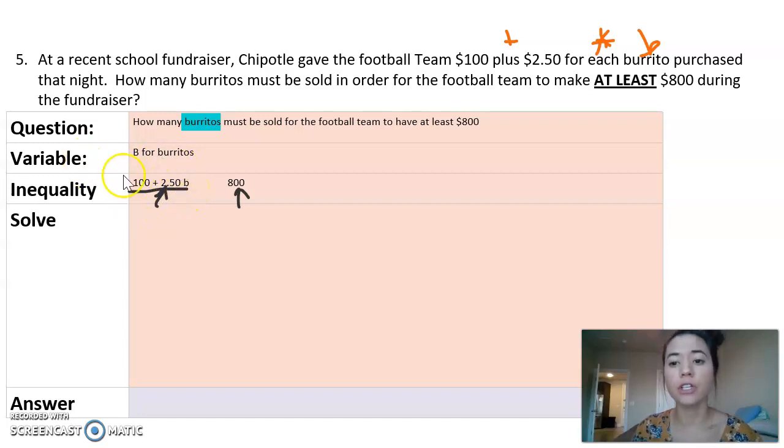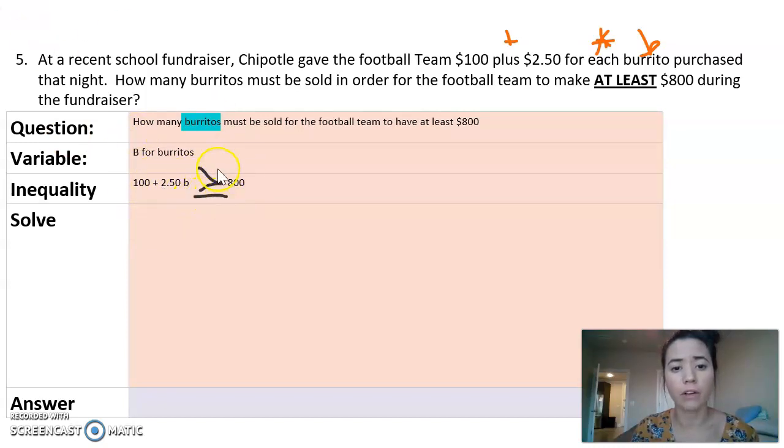What they're actually doing needs to be greater than or equal to 800 because they want at least $800. That's where the or equal to comes in. But they'd rather make more money. I mean, they'd rather make $1,000, $2,000. So how many burritos they're selling, they would like to make more than 800, so it's getting the bigger part of the sign, but they would be okay with 800, which is why it's the or equal to.